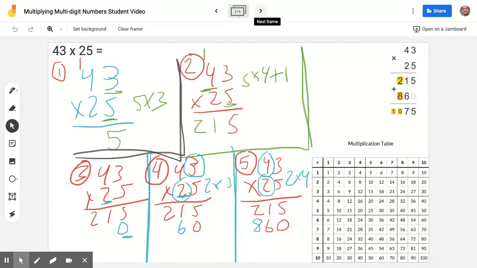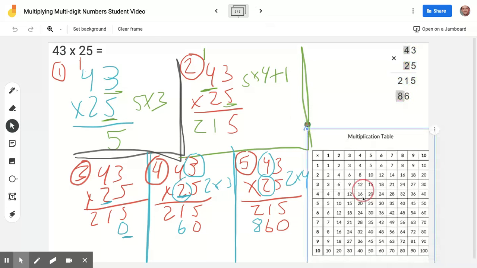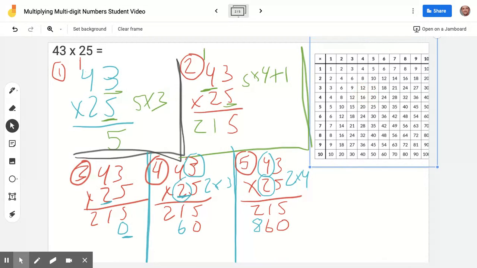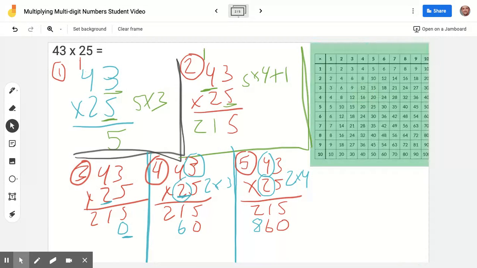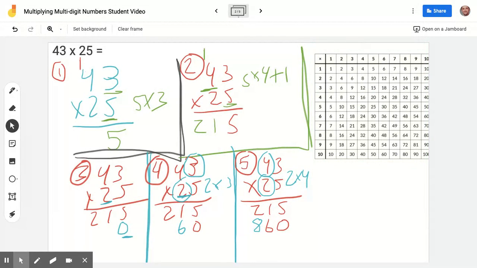If you don't know your facts, have a table out in front of you. They're in those notebooks. And that's going to lead us to step 6, which is our last step. Step 6, we are going to add our numbers together. Now the key to this is just make sure they're lined up by place value carefully.